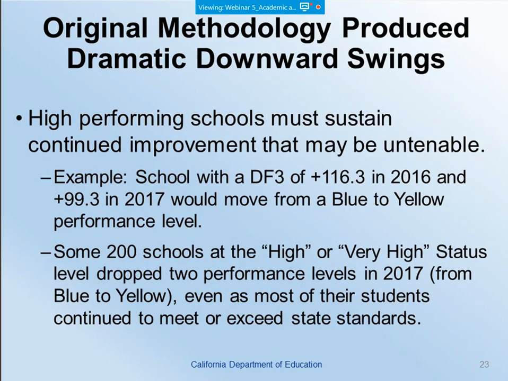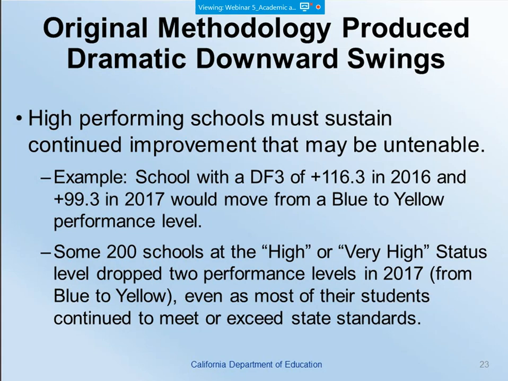So we actually saw dramatic swings in the data in 2017, both upward and downward. Looking at the downward swing, some 200 schools with high or very high status dropped 2 performance levels in 2017 using the original cut scores and methodology, even as the majority of students were meeting or exceeding the state standards.